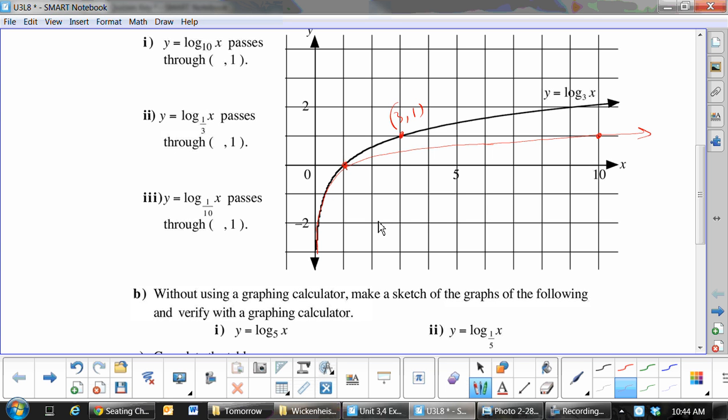Now, here is kind of so we said 10, 1 for y equals log 10 of x. Okay? Now, the question that I would like now to go to is y equals log 1/3 x. What would make that equal 1? 1/3, okay? So here's a point. Okay, here's like 1/3, 1, right? There's 1/3, 1.